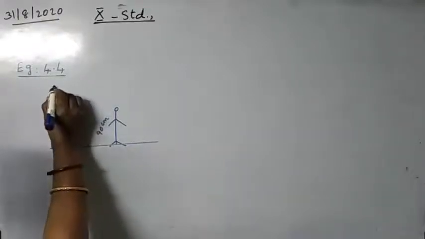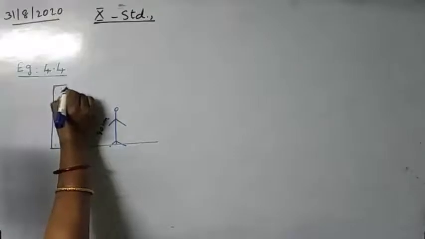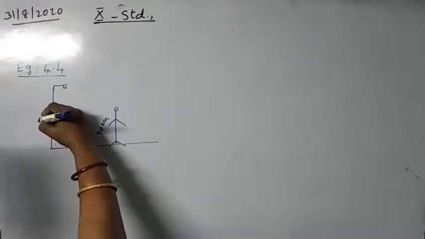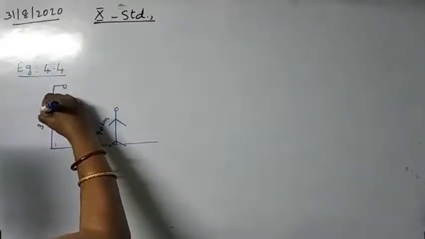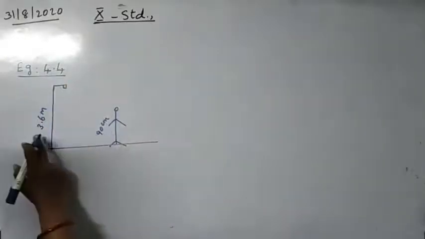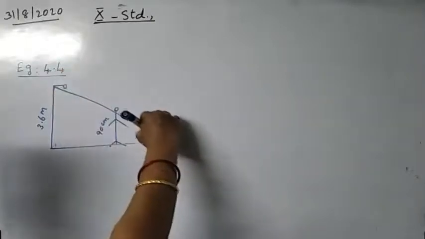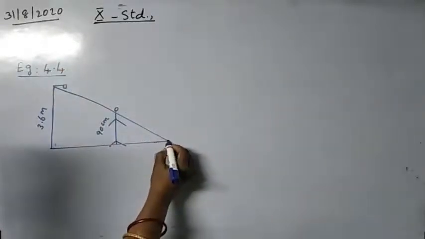This is ground level. Take it as the lamp post. So this is the lamp post and its height is 3.6 meter. It is in meter, not centimeter. And if we join this, we get a triangle like this.